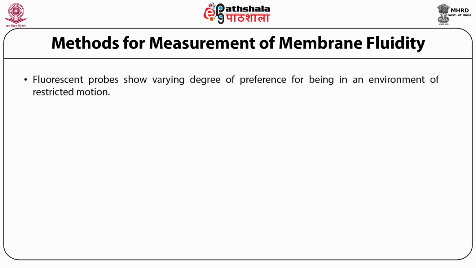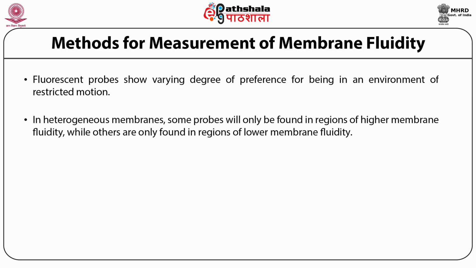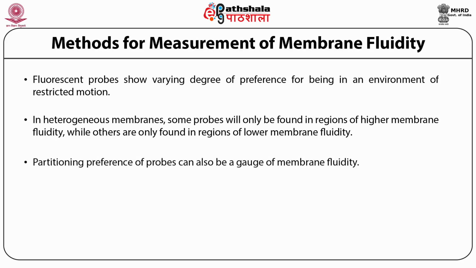Fluorescent probes show varying degrees of preference for being in an environment of restricted motion. In a heterogeneous membrane, some probes will only be found in regions of higher membrane fluidity, while others are only found in regions of lower membrane fluidity. The partitioning preferences of the probe can also be a guide to membrane fluidity.